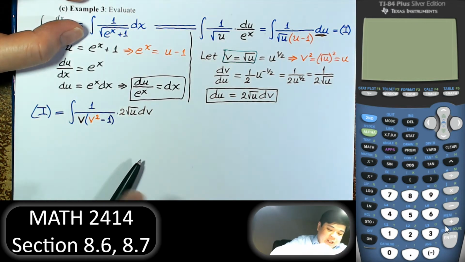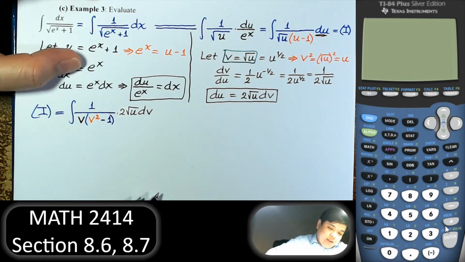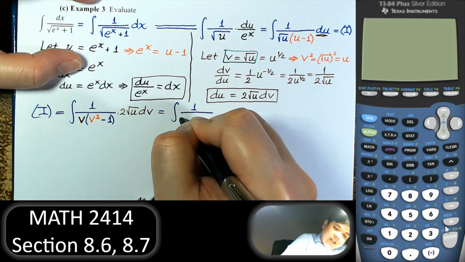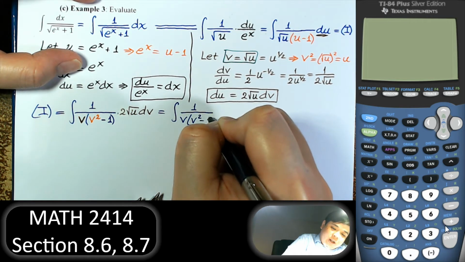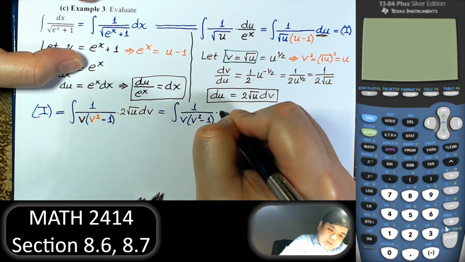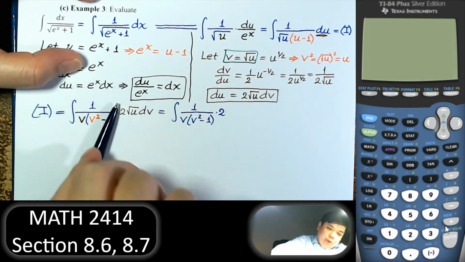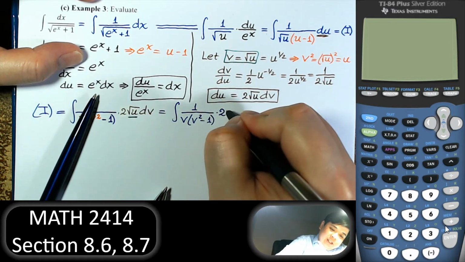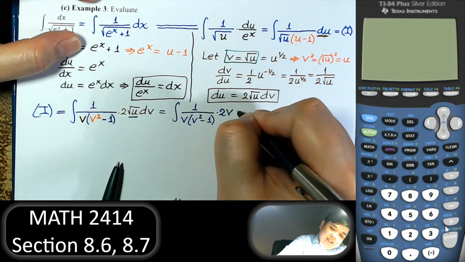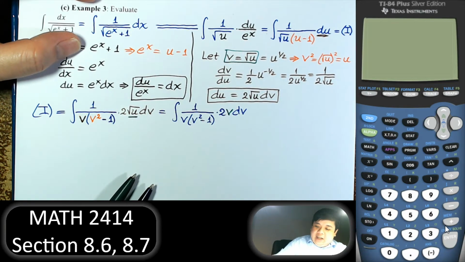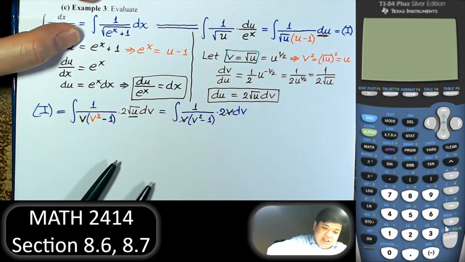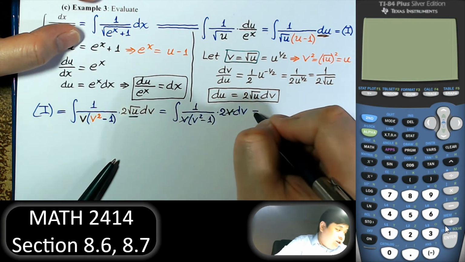So this is equal to the integral of 1 over v squared minus 1, and then the 2 square root of u is v. And they cancel out nicely. And then the 2, we can take it outside.